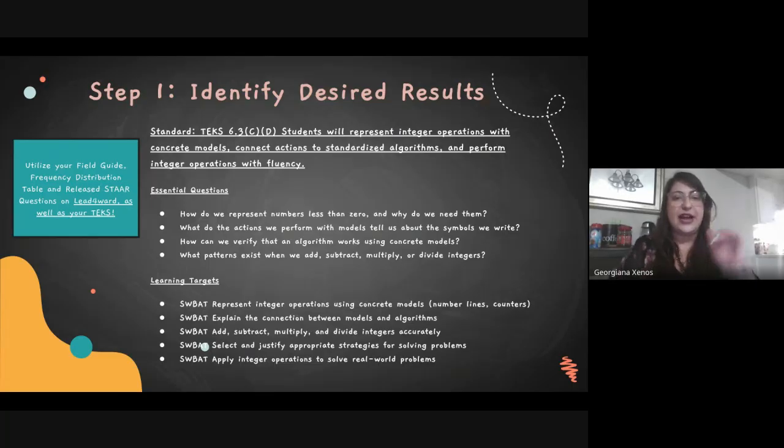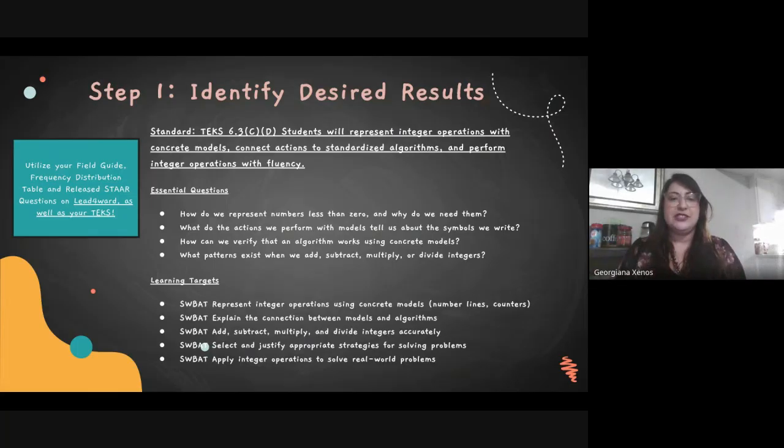So the standard I use is 6th grade math. So it's 6.3 C and D. Students will represent integer operations with concrete models, connect actions to the standardized algorithm, and perform integer operations with fluency. So if you see, based on what I said with the verbs, we have 3 very specific verbs. They're going to represent integer operations. With what?